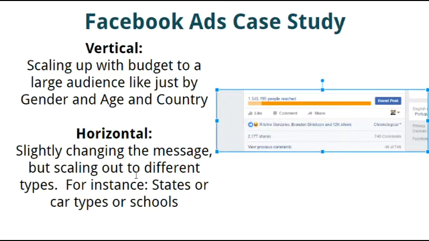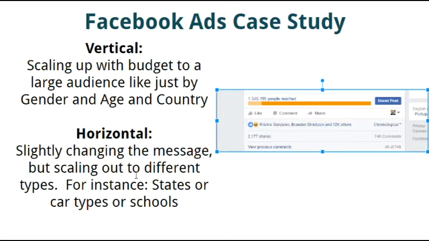With horizontal scaling, it was smaller campaigns and smaller audience sizes, but it was over 800 individual ad sets with individual targeting that we were going after. Examples of horizontal scaling are going by states or specific car types or schools or cities.